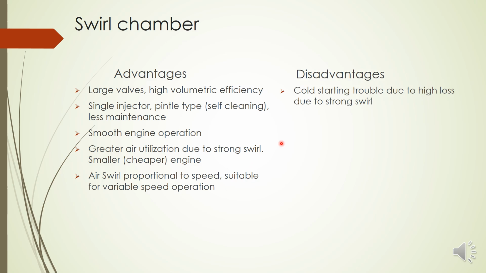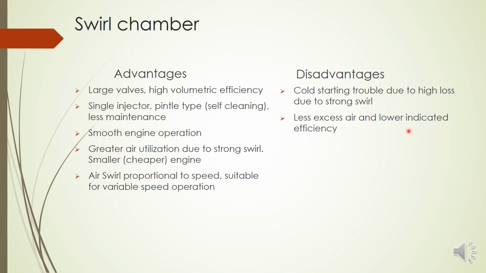Now what is the disadvantage? The main disadvantage is cold starting trouble due to high heat loss and strong swirl. Already we can see the advantage of this one is the disadvantage of the other one, that is induction swirl or open type combustion chamber, and the disadvantage is the advantage of open type combustion chamber.